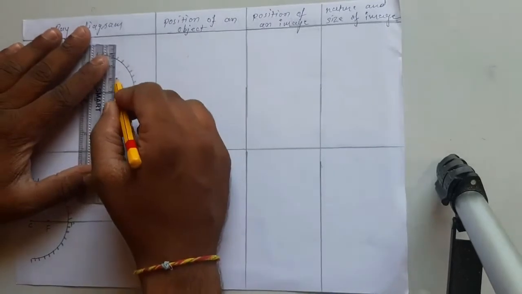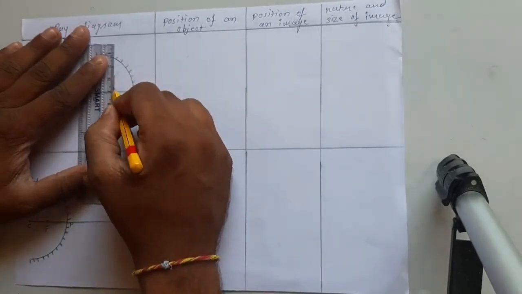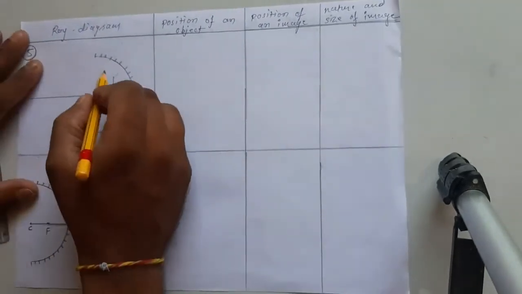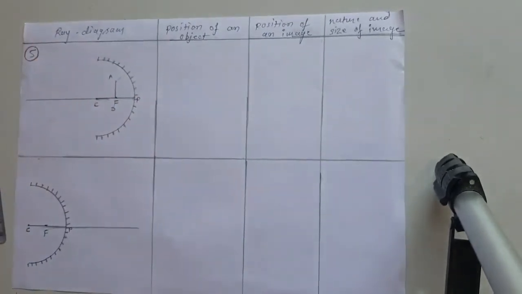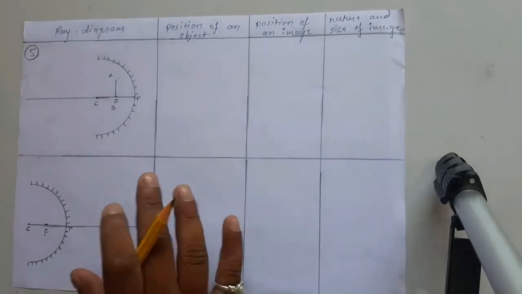Okay, in the fifth ray diagram we will study when the object is placed on principal focus F, object is our AB. So how will the image be formed and where will it be formed?